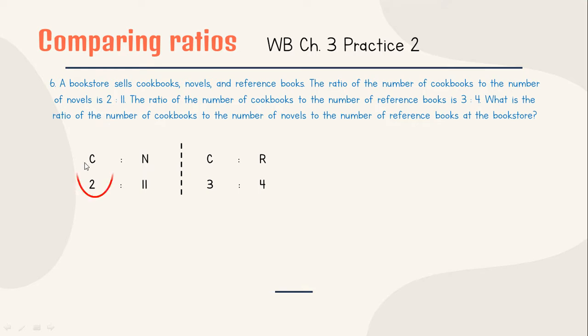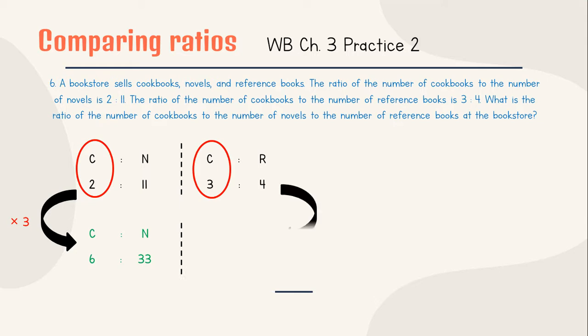So what we are going to do here? There is times by 3, because it is 3. And that is times by 2. Now, what we have? The cookbook here will be 6 and the cookbook here will be 6.